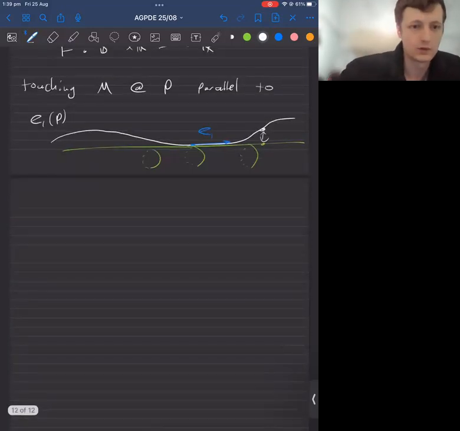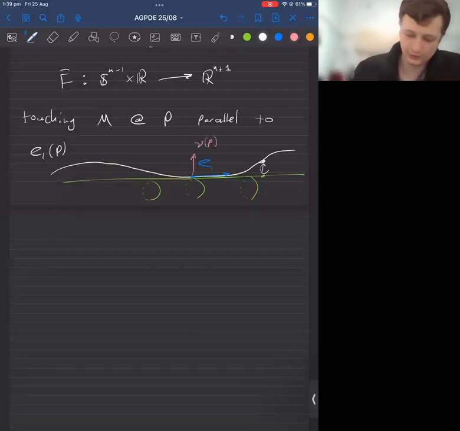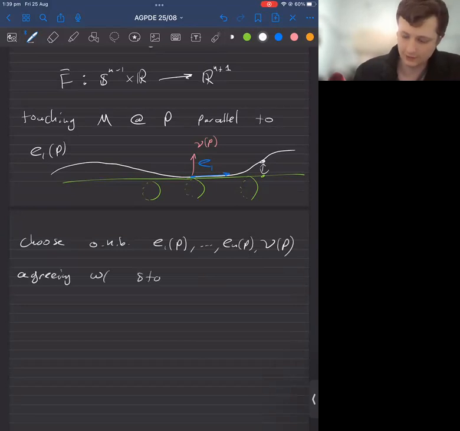Cool. So let's also just label the normal here. Okay, and then we want to choose, say, an orthonormal basis, E_1 of P, which I already defined, up to E_n of P, along with our normal, and we want that agreeing with the standard frame for the cylinder.